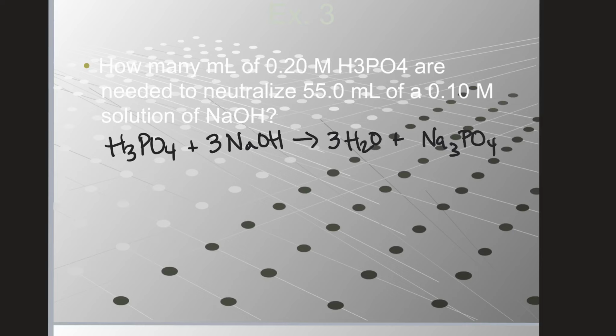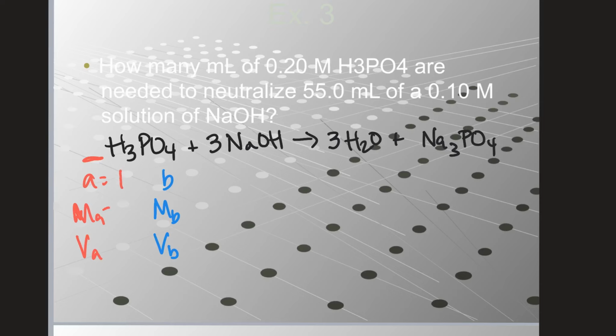Now let's figure out what is our A, MA, and VA. I apologize if you hear my kids in the background. B, MB, VB. And so for your acid, you're looking for the coefficient of the acid, which is phosphoric acid. It's just 1.